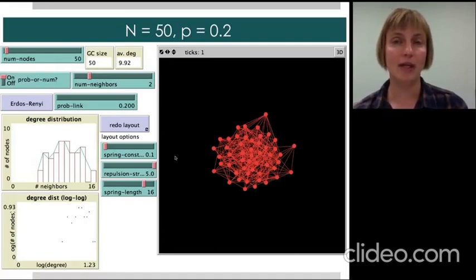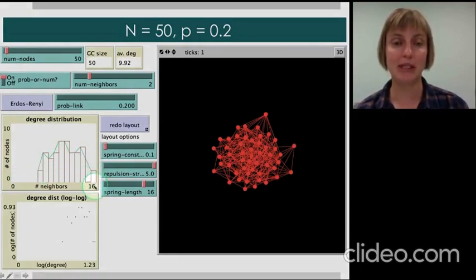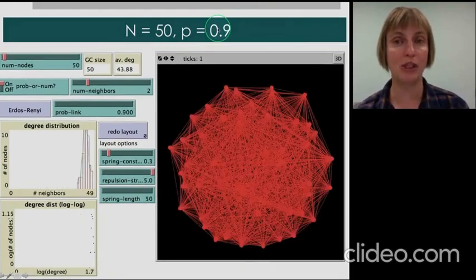If you have some moderate probability of edges between the nodes, here we'll set it to 20% in a network of 50 nodes, what you'll see is that there is some variation in degree, but the maximum degree, 16, is not that different from the average degree of 10, and it's nowhere close to 49, the actual maximum degree. Now, of course, we can vary the parameters, so we can up that probability to 0.9.